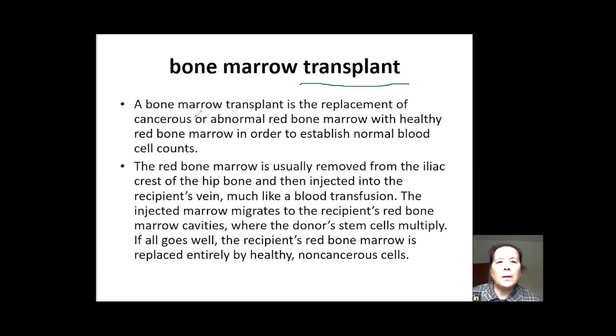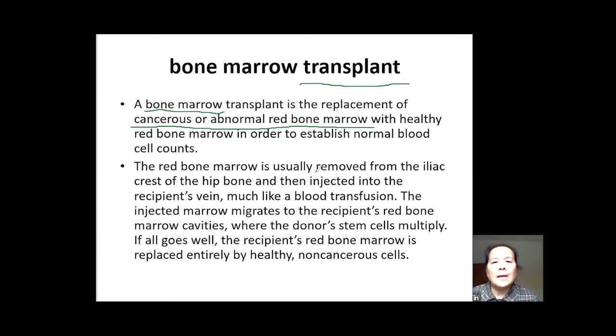We know bone marrow is very important for producing blood cells. If some people have an illness or abnormal bone marrow and can't produce healthy blood cells, we need a bone marrow transplant.